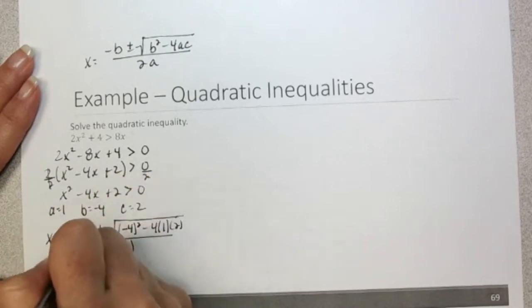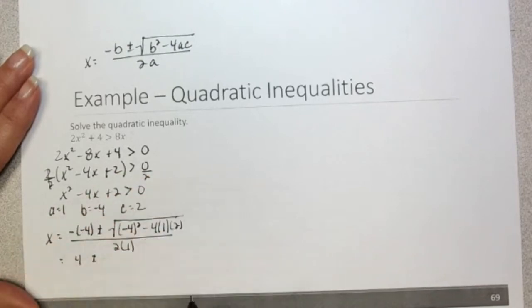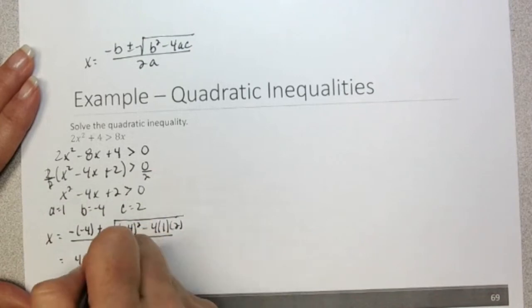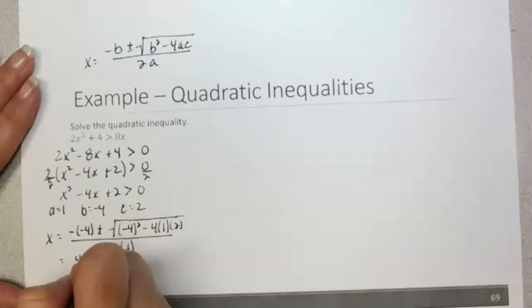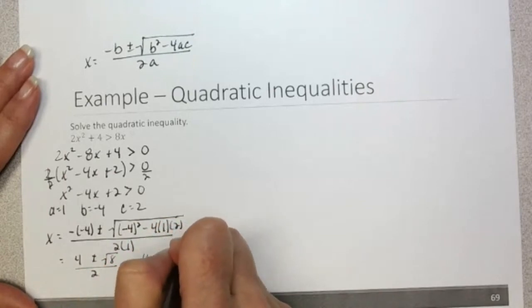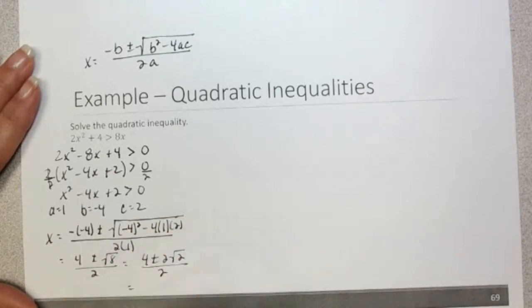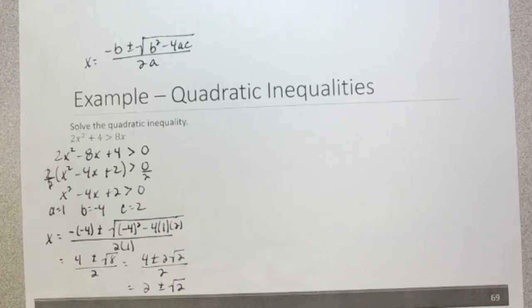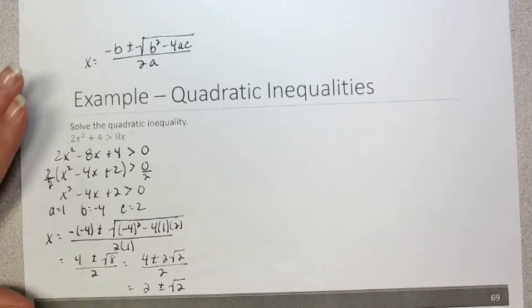Okay, so this is then 4 plus or minus the square root of 16 minus 8, so that's the square root of 8, over 2, or simplified, that's 4 plus or minus 2 square roots of 2 over 2. Further simplified, that's just going to be 2 plus or minus the square root of 2. All right, there's my two values.